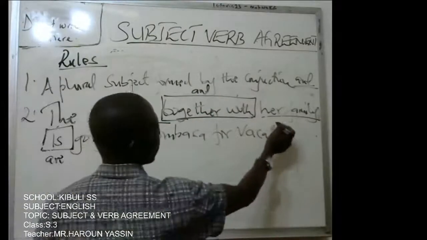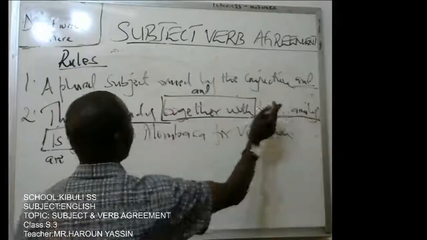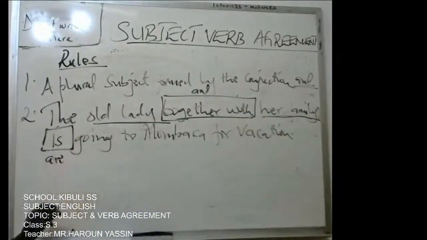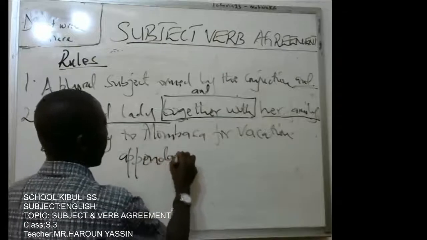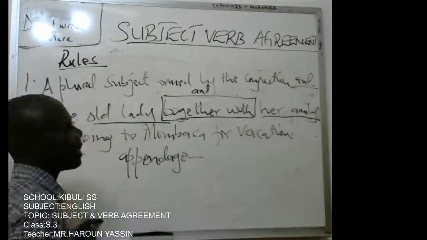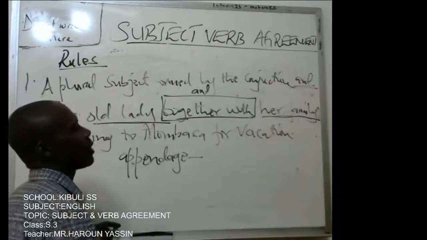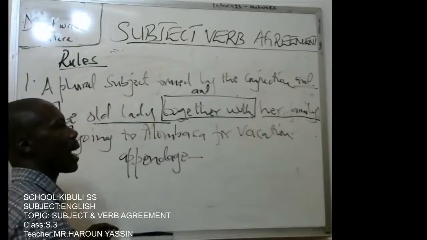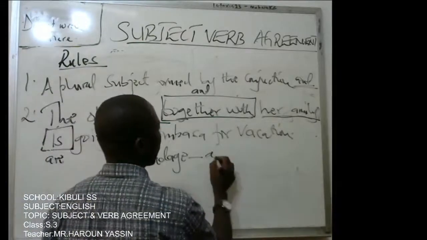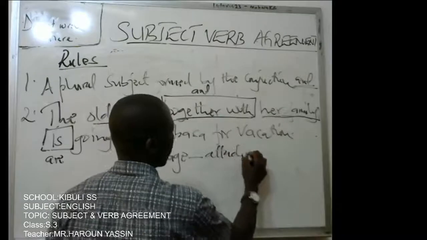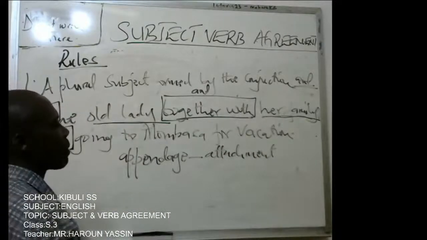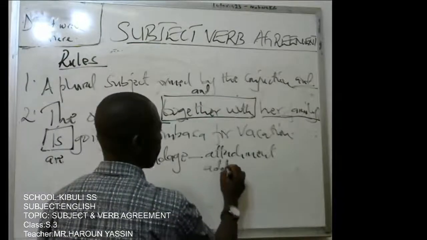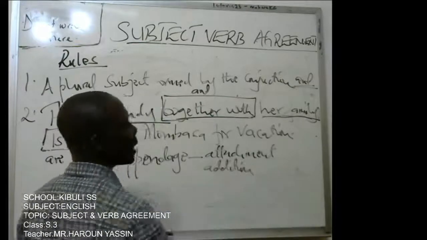But her family here is simply an appendage. An appendage, it's like an attachment. Okay, it's just like an attachment. It's something like an addition. Okay, it's not the main one.